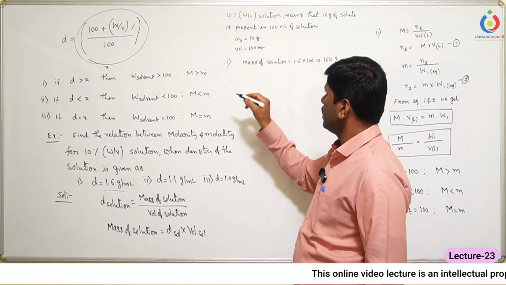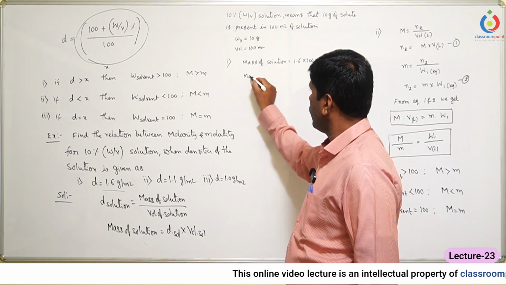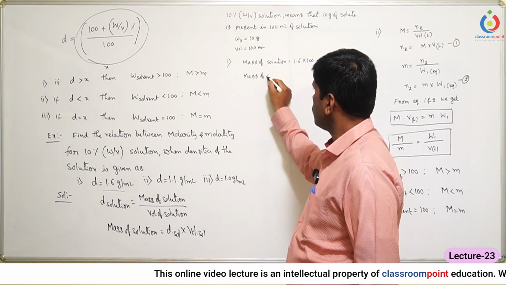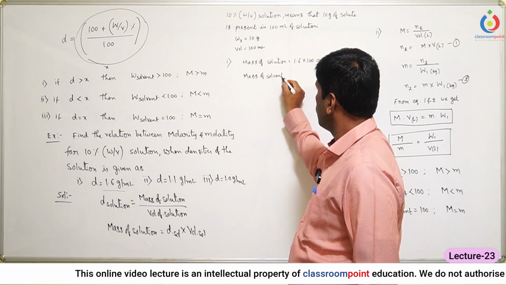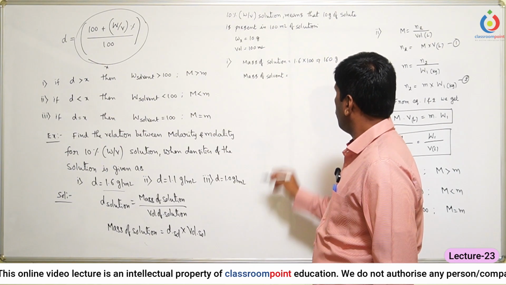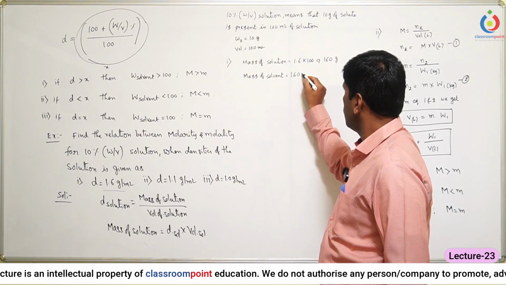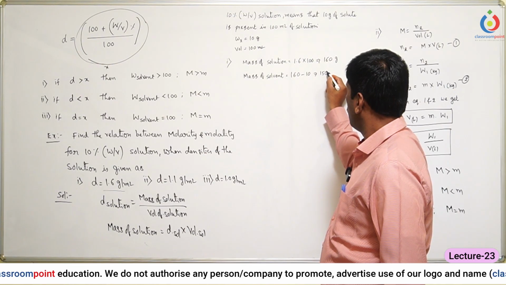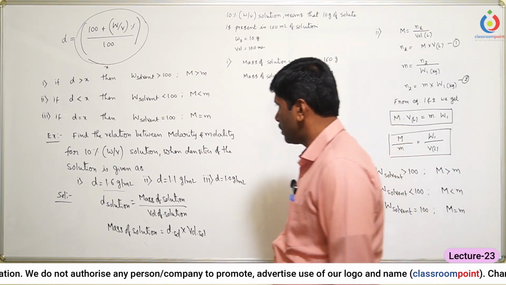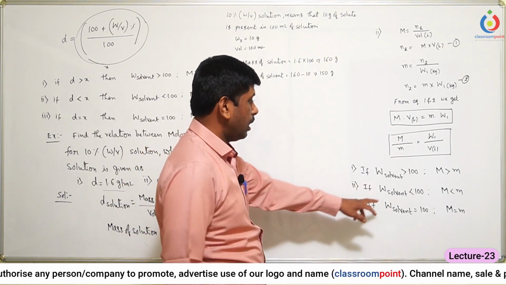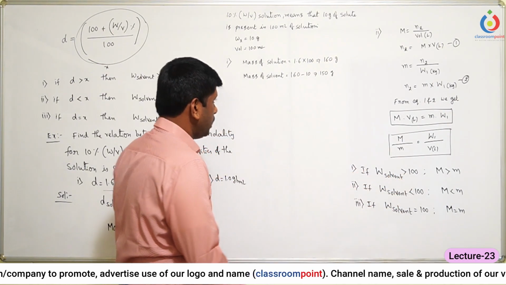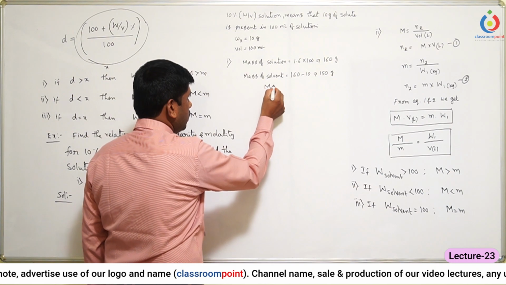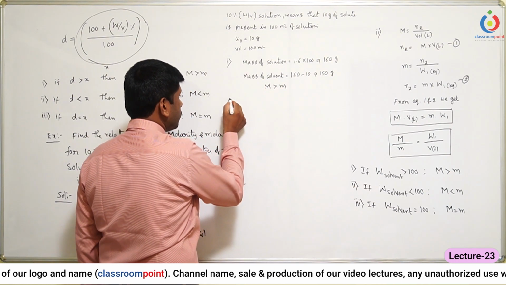And the mass of the solute is given, so mass of solvent is equal to mass of the solution 160 minus mass of the solute 10. That value is 150 grams. This is higher than 100, which means here molarity is greater than molality.